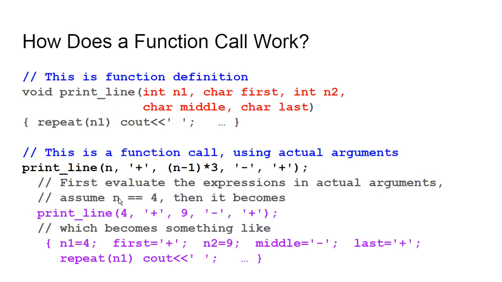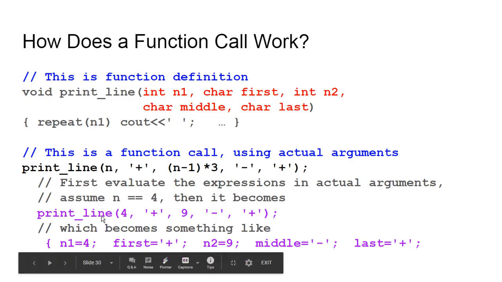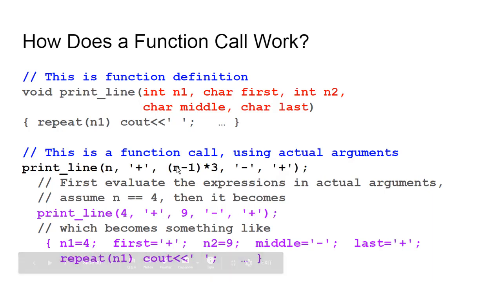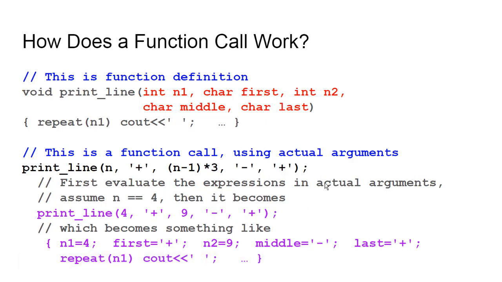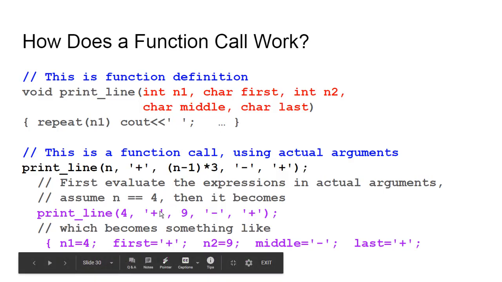Assuming that n is 4, this function call essentially becomes equivalent to this function call, with 4 and 4 minus 1 times 9. This function call can be conceptually viewed as creating a new block, and then we have a whole bunch of assignment statements. So n1 is assigned 4, first is assigned plus, n2 is assigned 9, and so on.